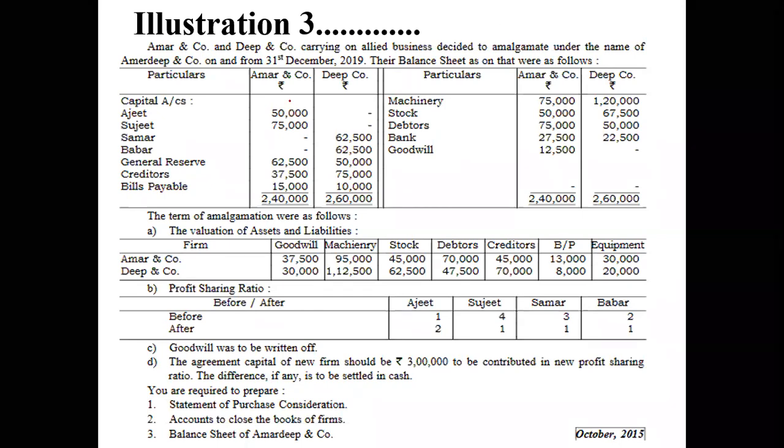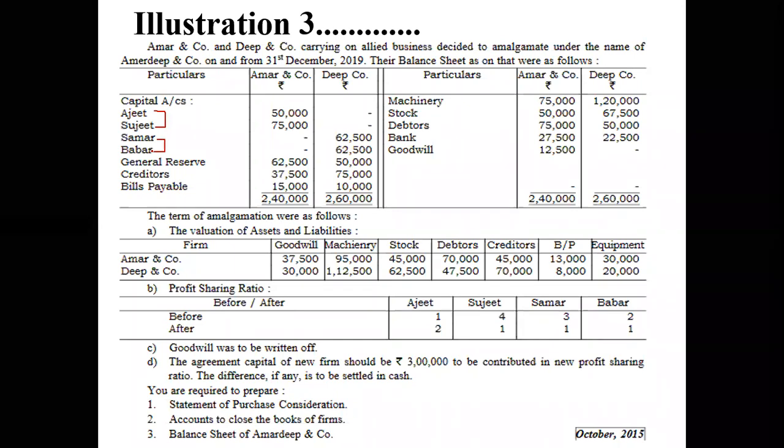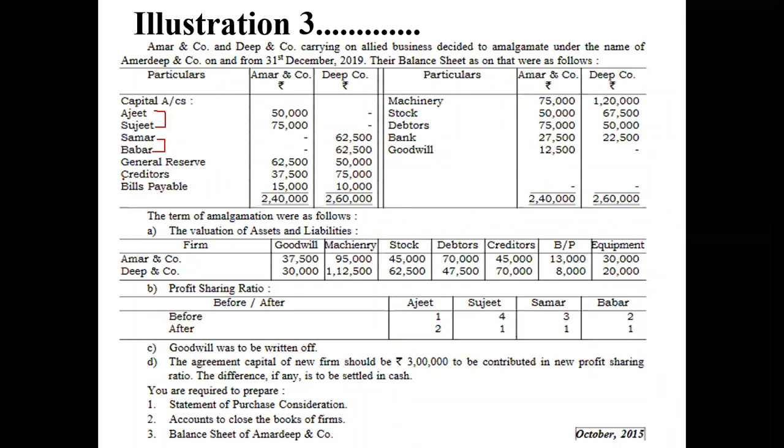On the liability side we have the capital balances of all four partners, where Ajit and Sujit are partners in Amar and Company, whereas Samar and Babar are partners in Deep and Company. Journal reserve, creditors and bills payable are external liabilities, whereas on the asset side we have machinery, stock, debtors, bank, and goodwill.